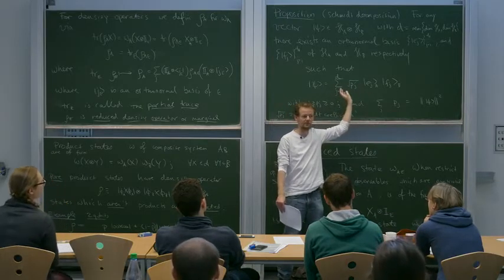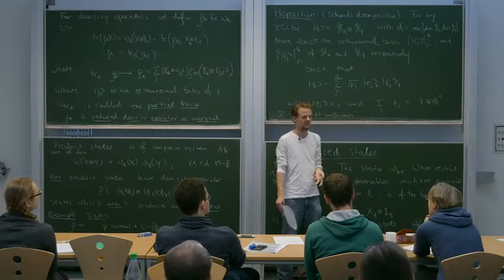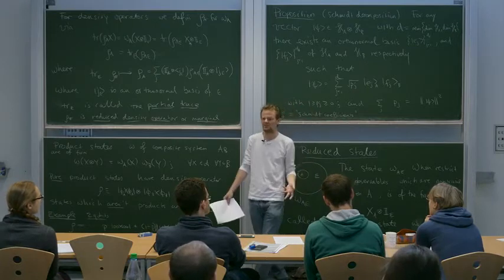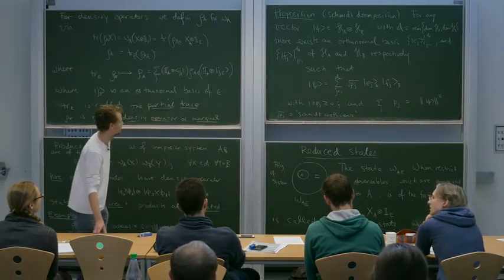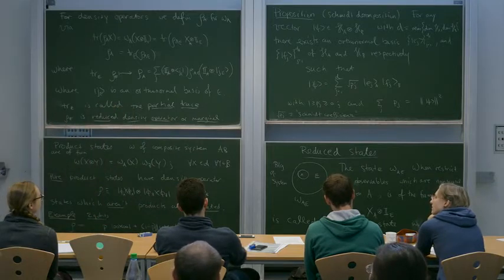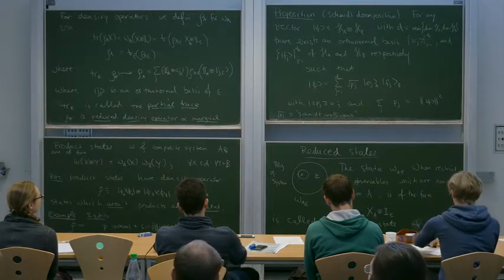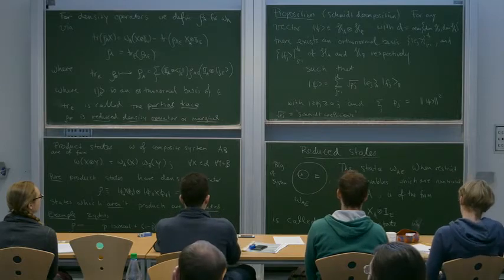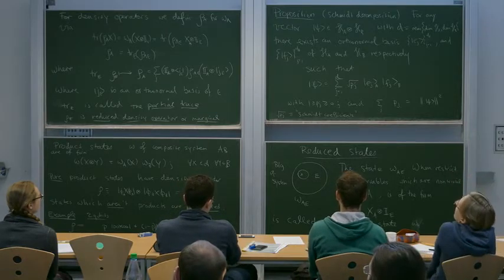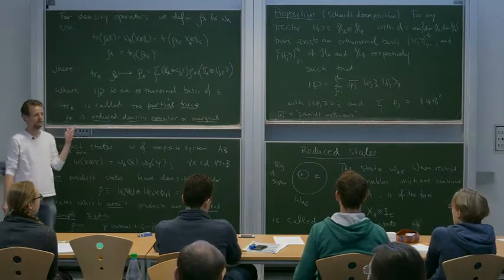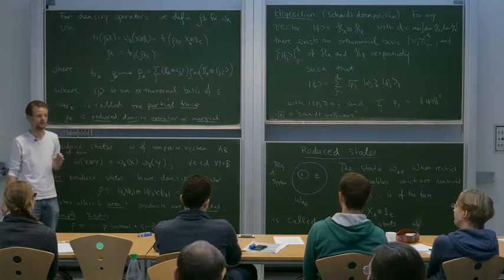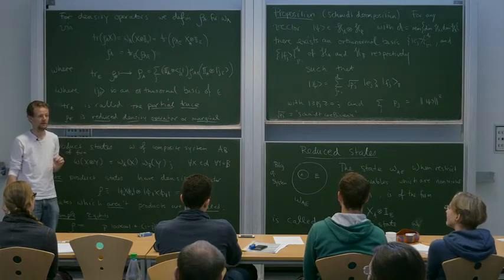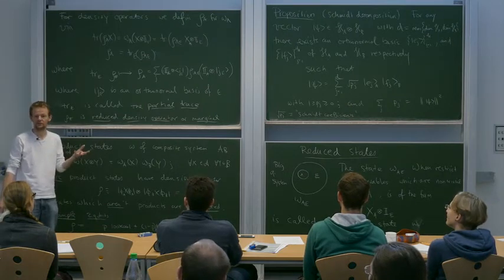Remember, there is this ambiguity. If you have a state and it's a superposition of product states, it might be that it is itself a product state. I can give you a quick example of one of those. Just think of the 2 qubits and think of the state which is the superposition of 0,0, 0,1, 1,0, and 1,1. That's a superposition of 4 product states. Now, it's not immediately obvious if that itself is a product state.